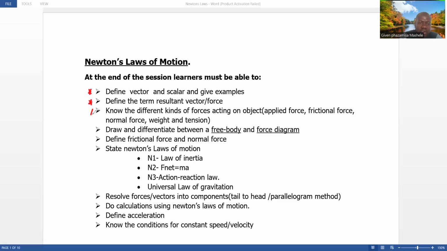Now let's move on to know the different kinds of forces that are acting on an object. It's very important for a learner who's doing Newton's laws to be able to know the different kinds of forces that can act on an object. Right, we have different kinds of forces that can act on an object. Number one, we have what we call the force applied.